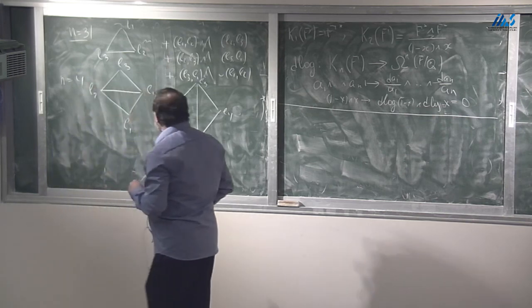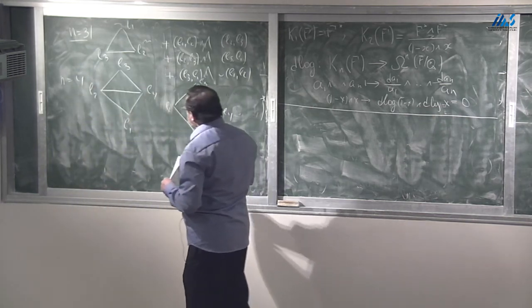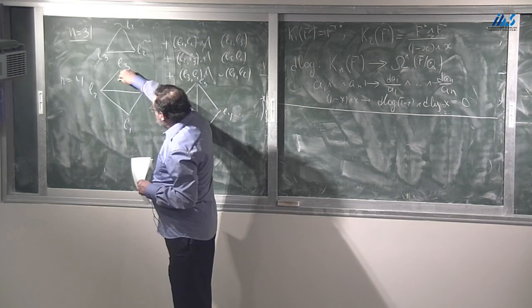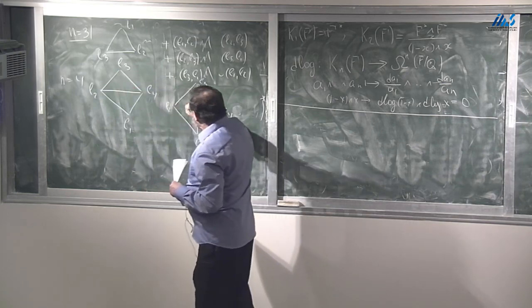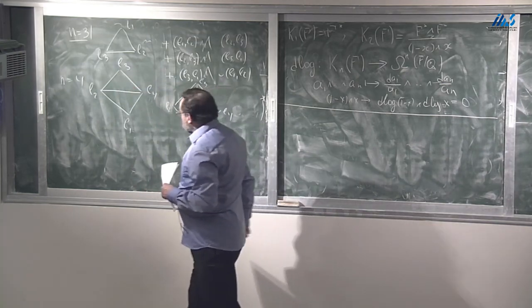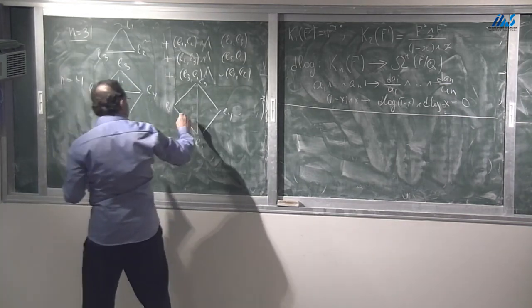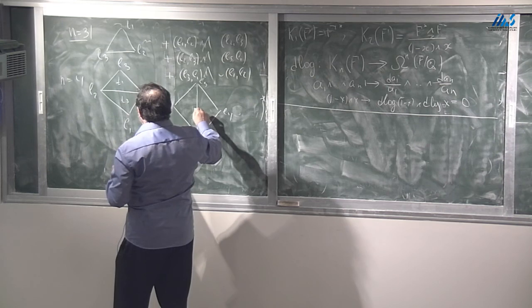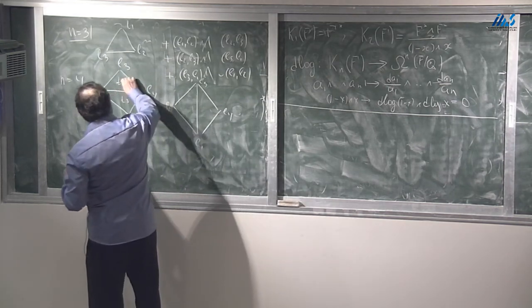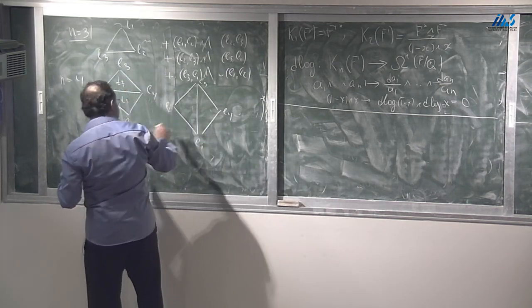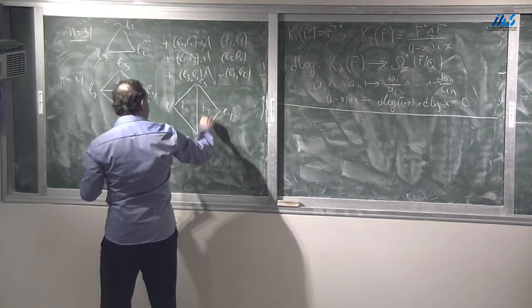And as soon as we did this, there is a natural way to proceed. We can take the 2-form here plus the 2-form here, or we can take the 2-form here plus the 2-form here. So let's denote the triangles T1, T2, T3, and T4.